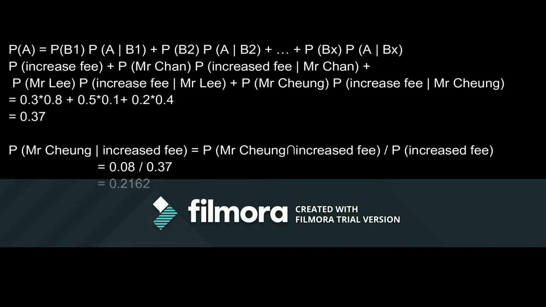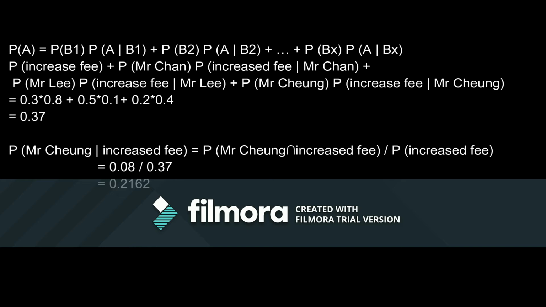By this, we can find that the probability for an increase in fee equals the probability of Mr. Chen will be elected times the probability for an increase in fee given Mr. Chen was elected plus the probability of Mr. Lee will be elected times the probability for an increase in fee given Mr. Lee was elected plus the probability of Mr. Zheng will be elected times the probability for an increase in fee given Mr. Zheng was elected, which equals 0.3 times 0.8 plus 0.5 times 0.1 plus 0.2 times 0.4 and finally equals 0.37.